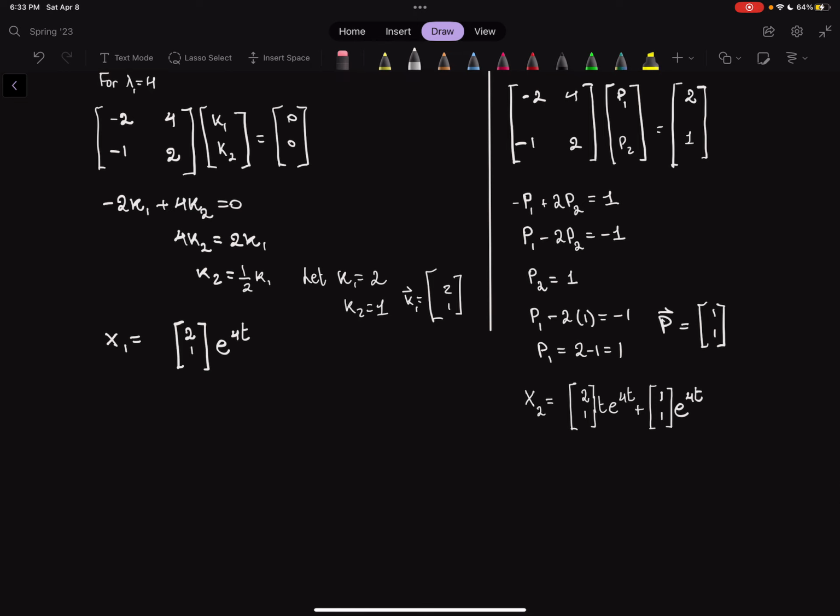So if we want to find the overall solution, we have to do a linear combination of the two solutions, which you do by multiplying each by a constant and adding them together.